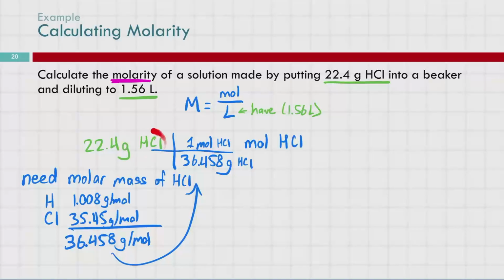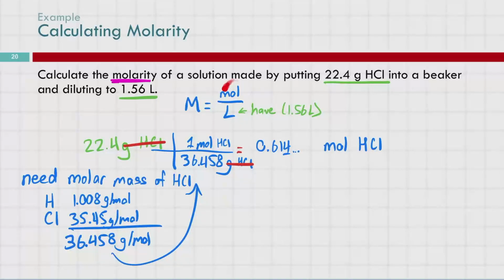So we've got grams HCl to start, so we put the grams HCl on the bottom so that they will cancel out. And they do. And what's left over is moles HCl, which is what we wanted. So 22.4 divided by our molar mass, 0.614... moles HCl with 3 sig figs.